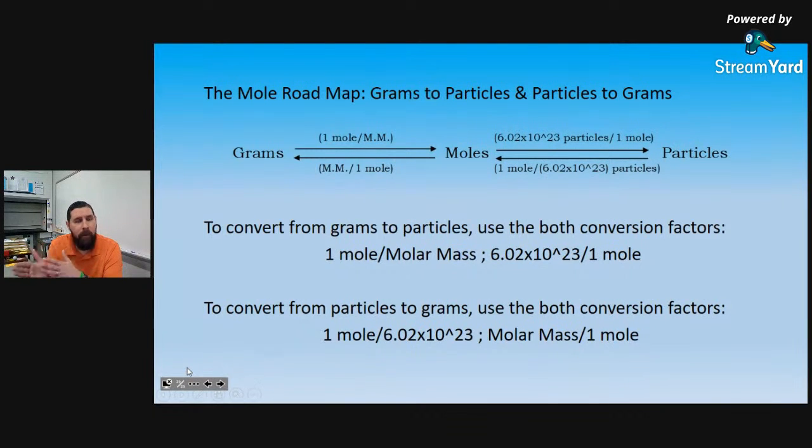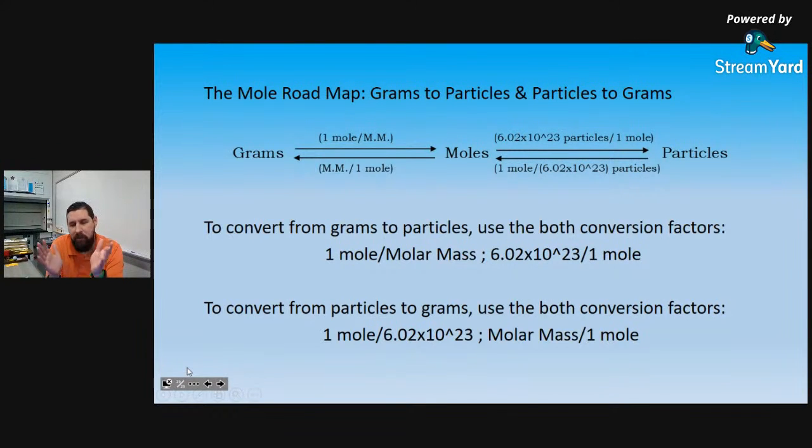Likewise, if we're going to go from particles all the way back to grams, then we first have to convert particles to moles by using the first conversion factor of 1 mole per Avogadro's number, and then convert those moles onto grams by using the second conversion factor of molar mass per 1 mole.